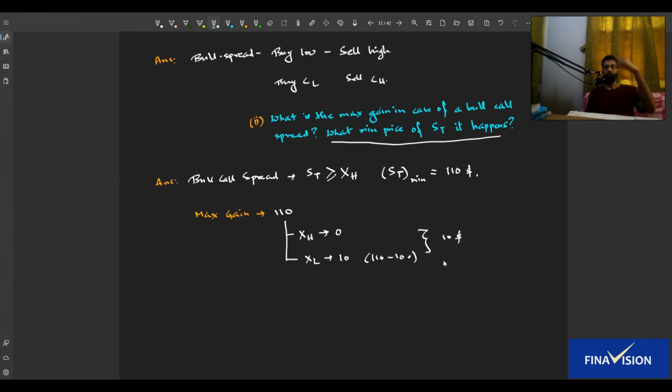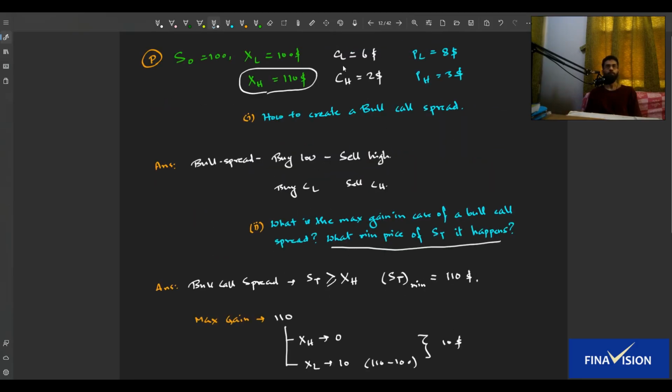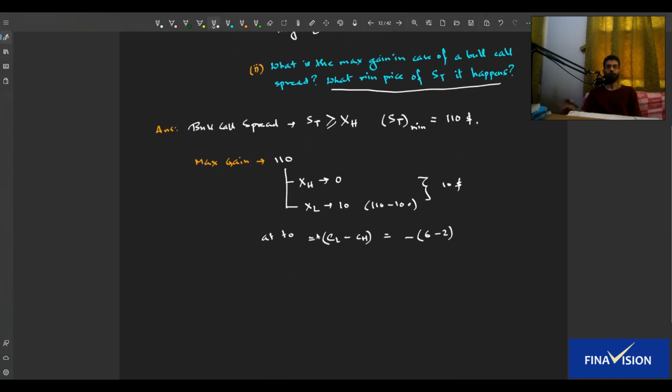And the initial cash outflow at t equal to 0 was equal to CL minus CH. Let me write it in negative: minus of 6 minus 2. CL is 6, CH is 2. You can do it with me, friends. That will be the best way to recall this.